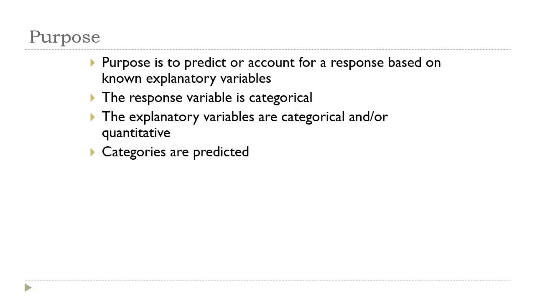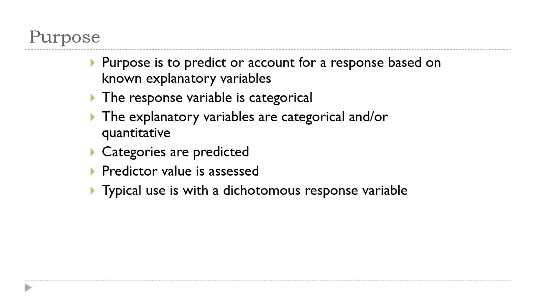Categories are predicted. The predictor value is going to be assessed or estimated, and this will help us understand something about how the predictor value plays into the category that people respond to.